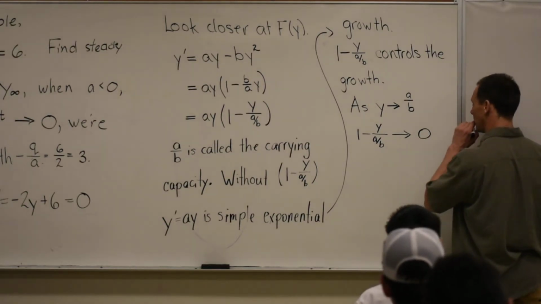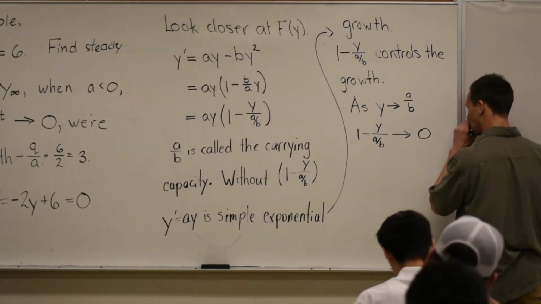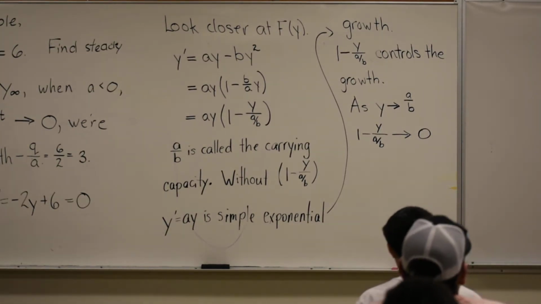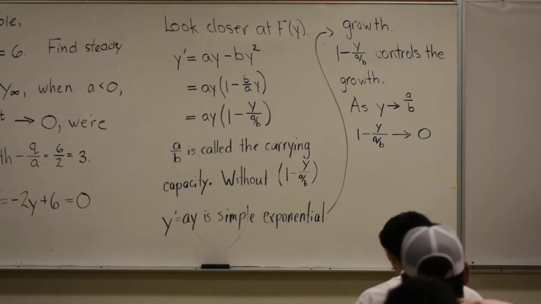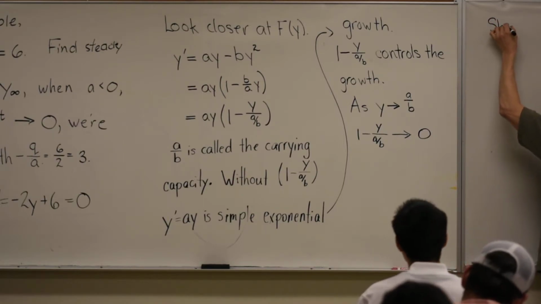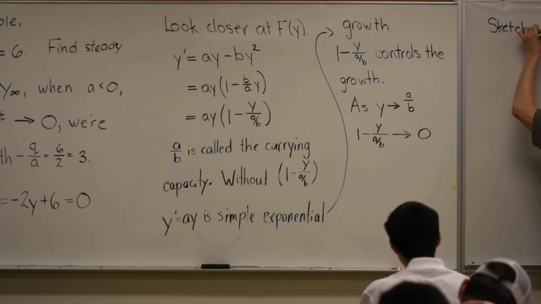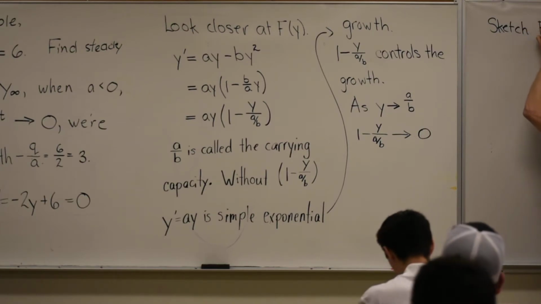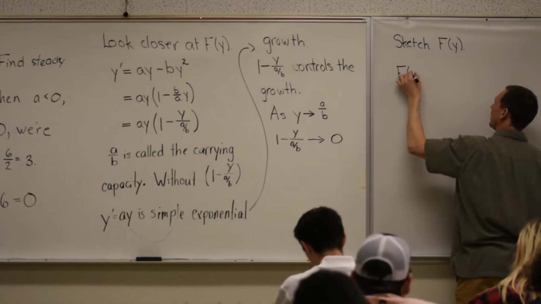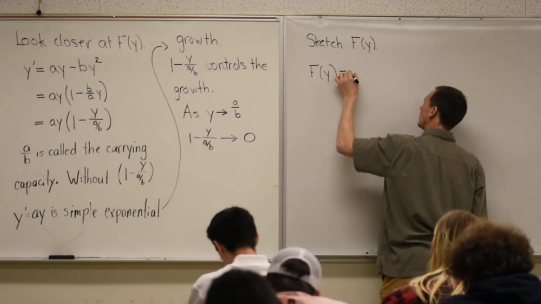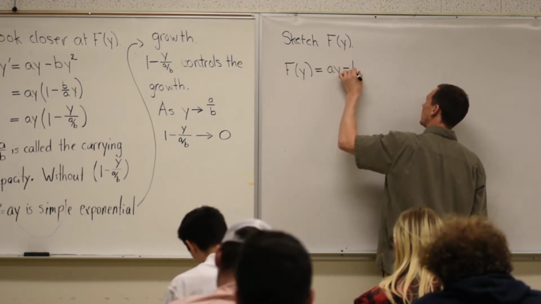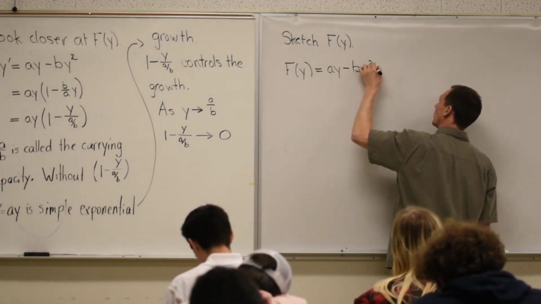So let's take, yeah, I know what I want to do now. Let's take a look. Let's sketch f of y equal to, we'll just start from the top, a y minus b y squared.